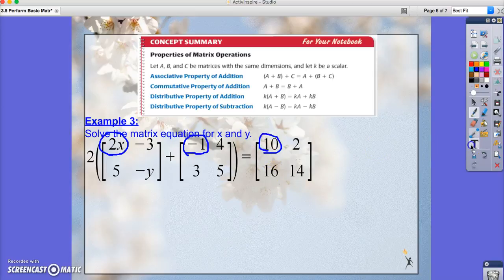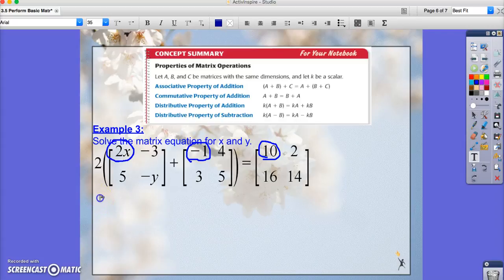I'm going to come up with an equation from that. So do you see there's a 2 with parentheses out there? 2(x) plus negative 1 equals 10. So I'm taking it from matrix form and forming it into an equation. Do you see how I circle the top left of everything? And I just rewrote it accordingly.